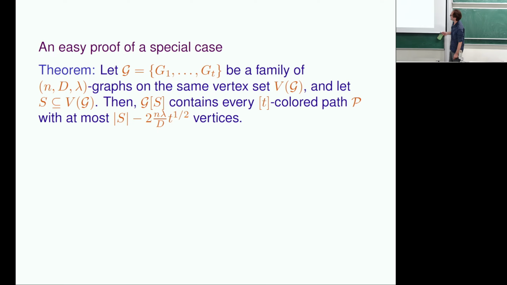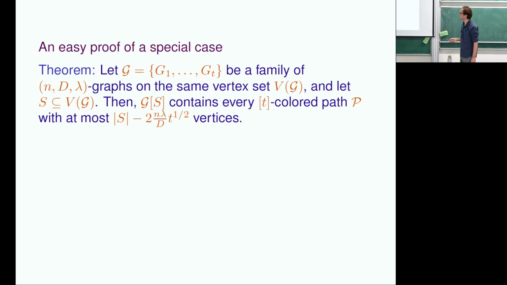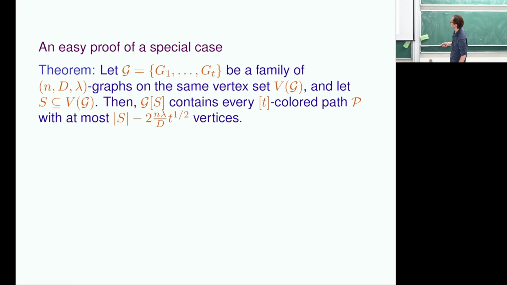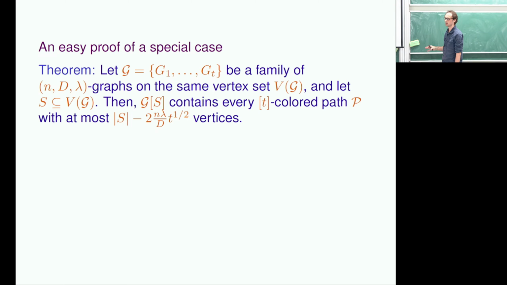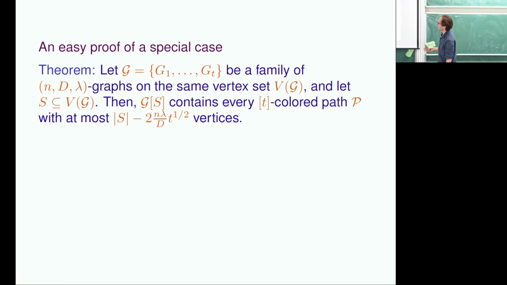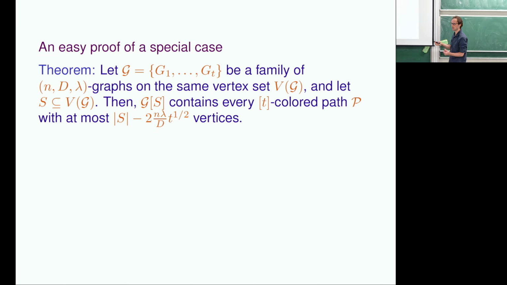So here's the special case that I want to prove. Let's suppose that we're given a family of ND lambda graphs, G1 to GT. So these are going to be the t different distance graphs. All these graphs are on the same vertex set, and we're given some fixed subset S. This is the same as E in the previous setting.